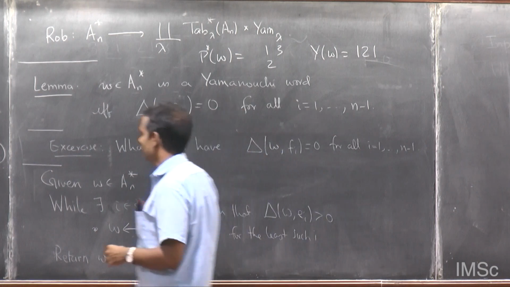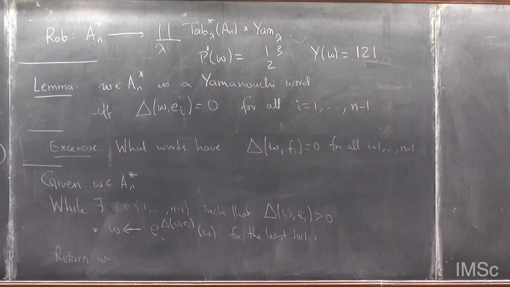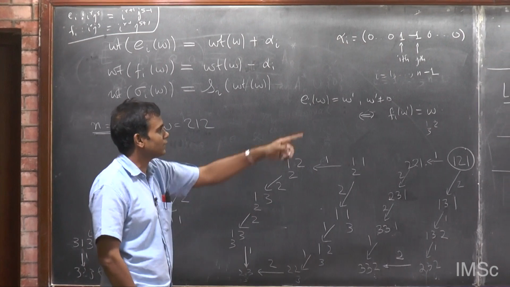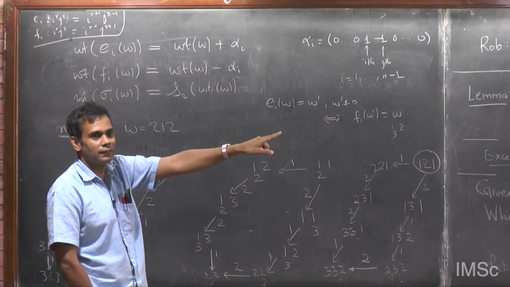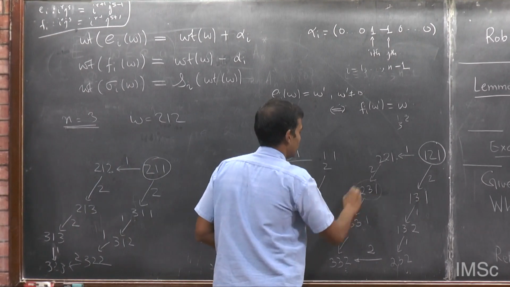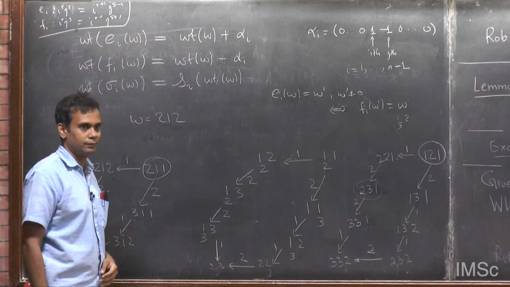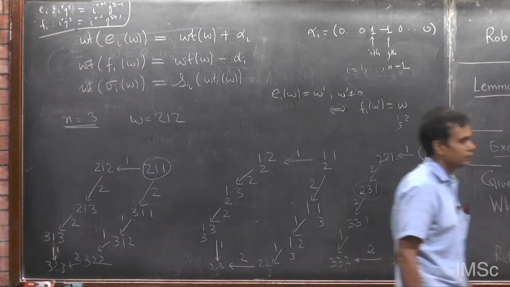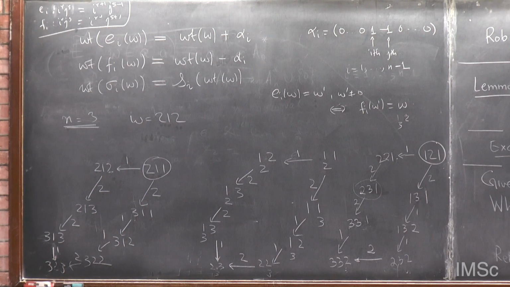Can you find it? No. 213 is just 132, it's the same thing. But the Yamanouchi word also matters. The Yamanouchi word is 121. So it's 231. This is your W. So it all looks like magic.